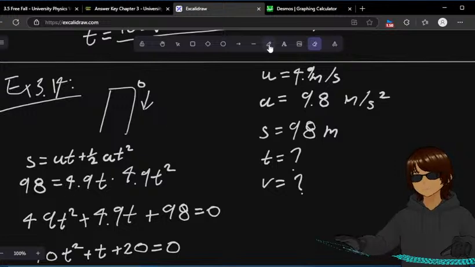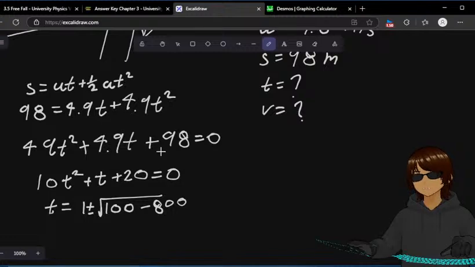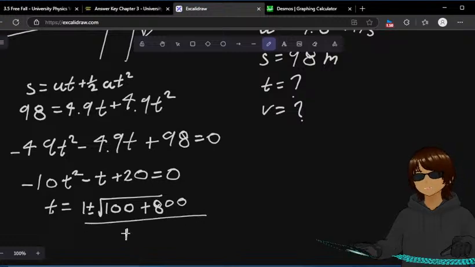So we have this, and this, and this. So minus b plus minus square root of b squared minus 4ac over 2a, 20.